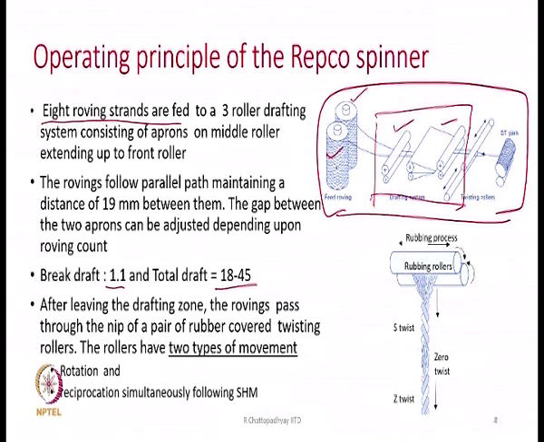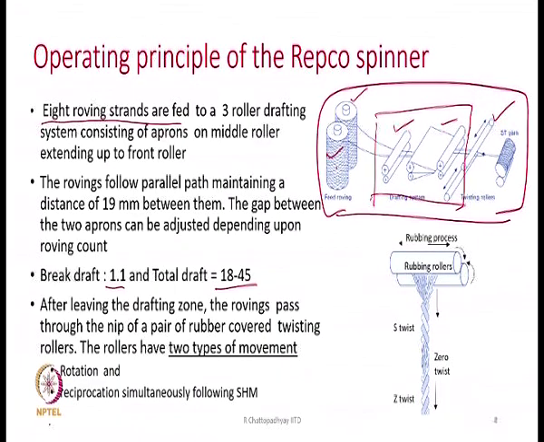After leaving the drafting zone, we have 2 twisting rollers. These are the twisting rollers. This is the most important part of the machine. The twisting rollers are really the heart of the machine.